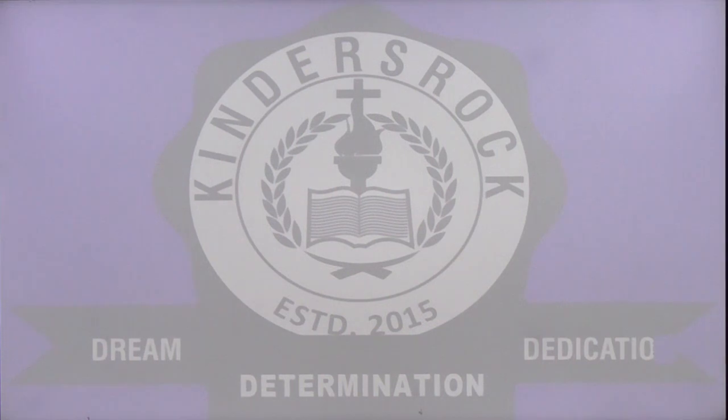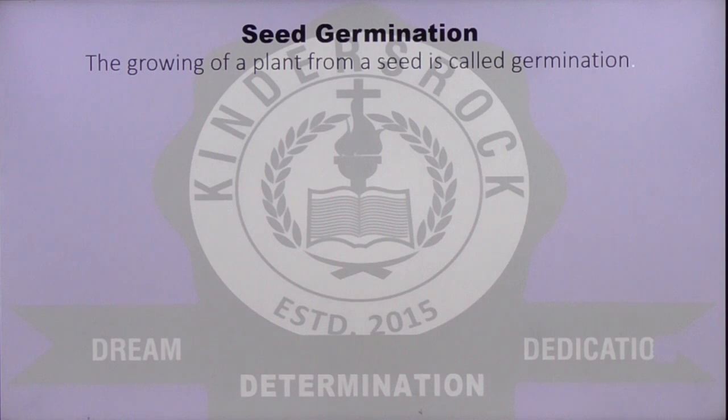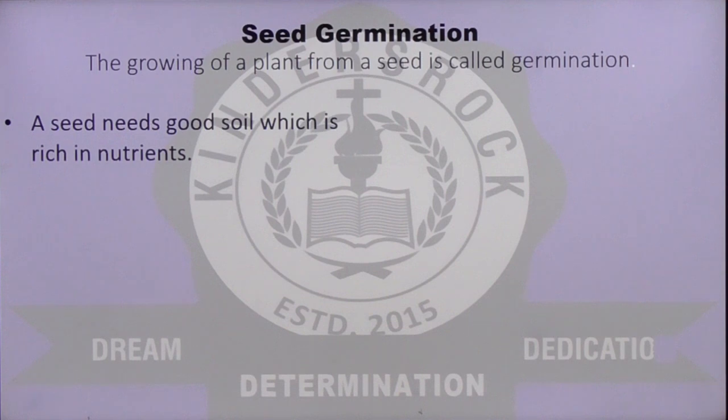Now let us look at seed germination. What is seed germination? The growing of a plant from a seed is called germination. Remember, the growing of a plant from a seed is called germination. A seed needs good soil which is rich in nutrients.